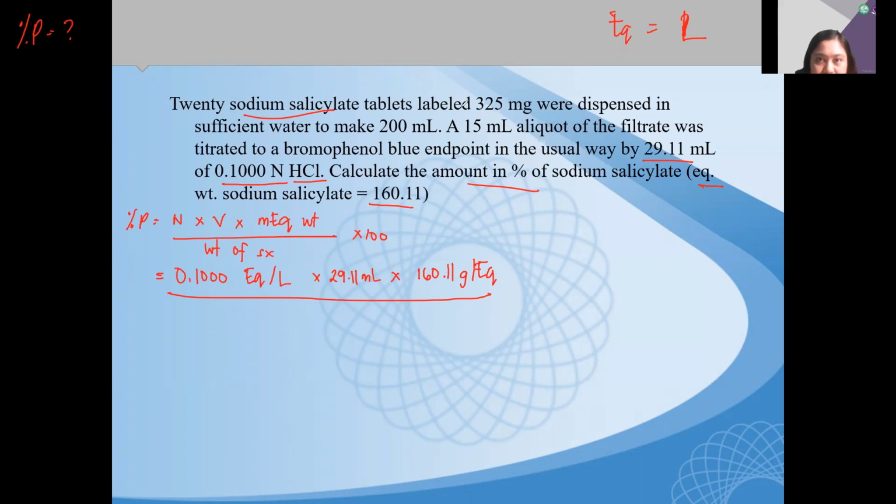And I'll erase this one since I'll be doing the conversion. 29.11 ml times, in one liter, we have 1,000 ml. Cancel this. 29.11 divided by 1,000 is 0.02911.